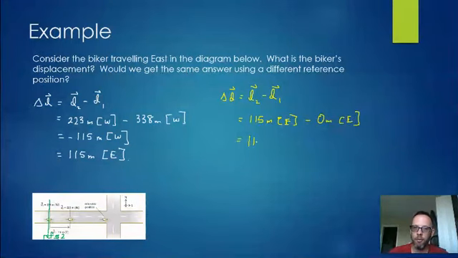And we can subtract those two, get 115 meters east. We get the same thing. So it doesn't matter what your reference position is. And I would encourage you, if you're given choice to choose a reference position, choose something that makes the math easier and just intuitively makes sense, makes you feel comfortable. All right, let's move on.